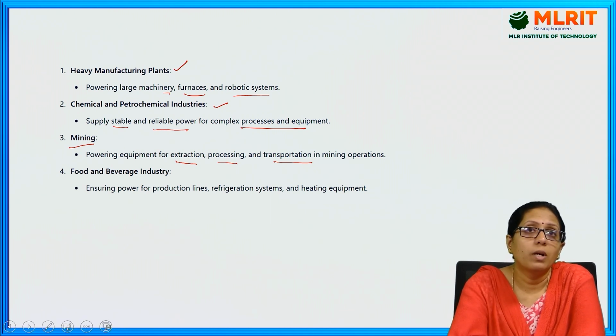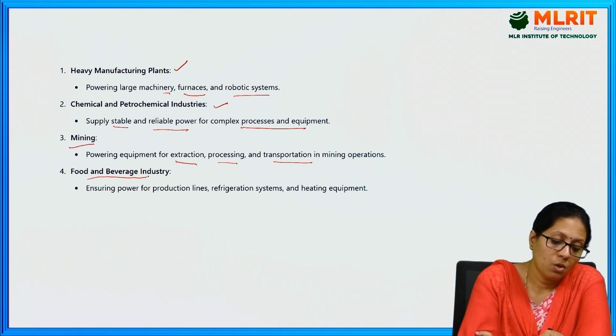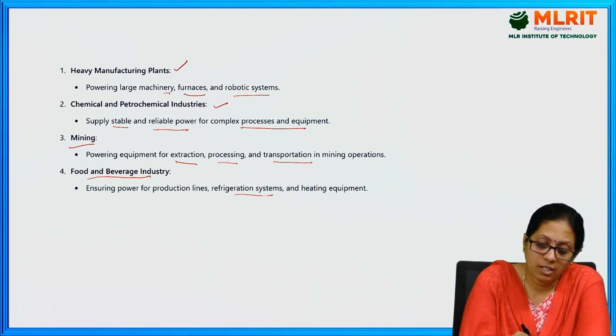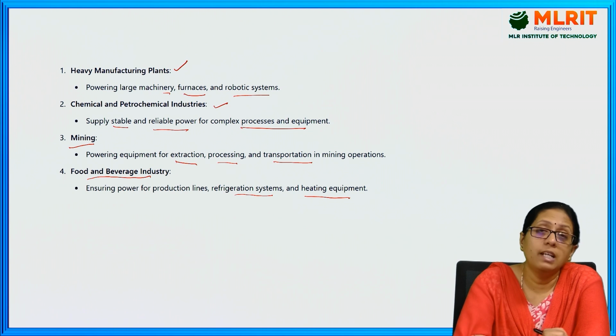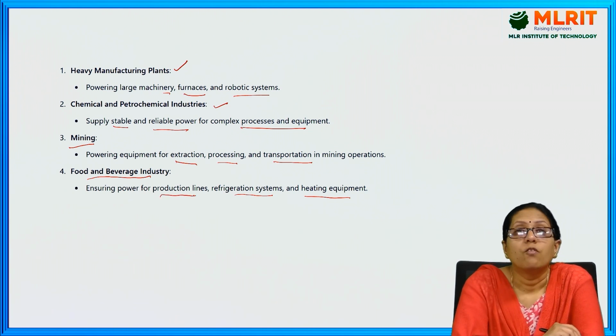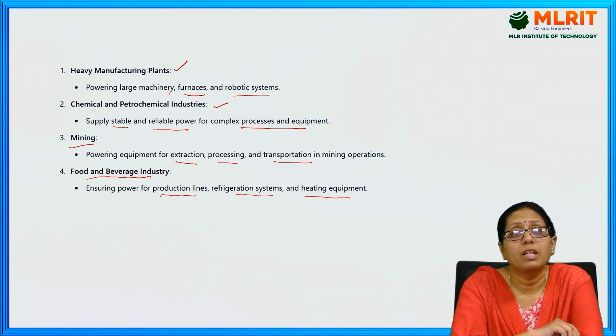The fourth one is the food and beverage industry, for ensuring the power for production lines, like refrigerating systems as well as heating systems, which are mainly used in the food and beverage industry. We can use this industrial substation.